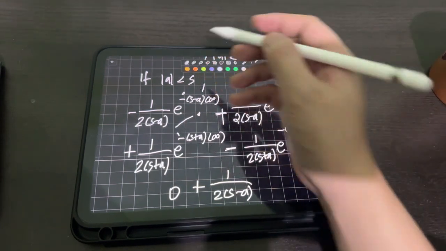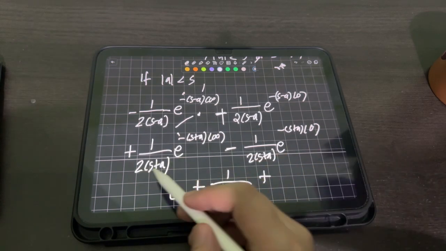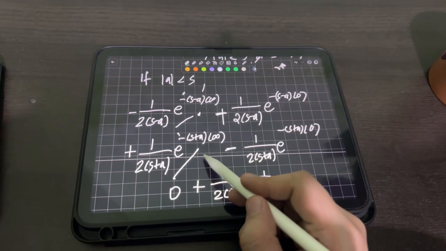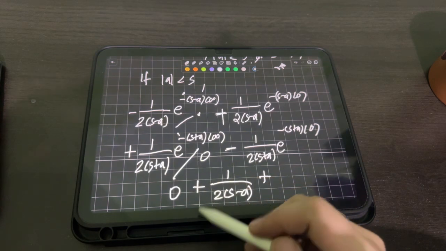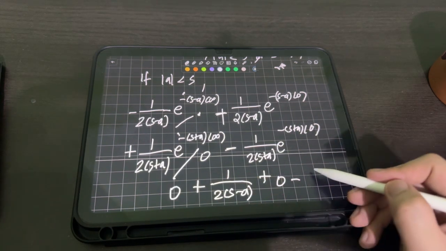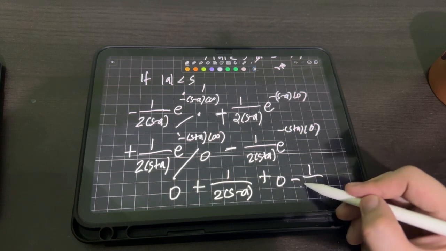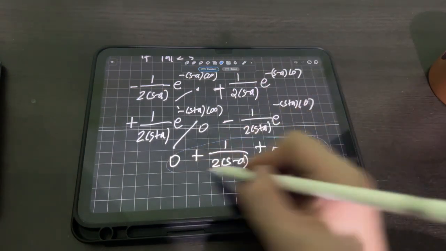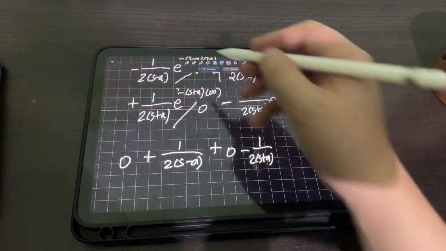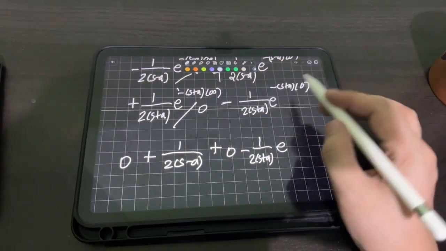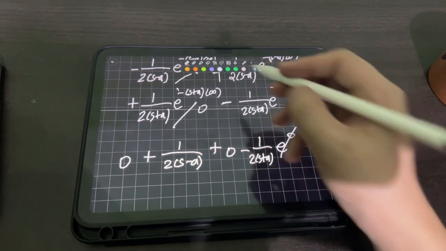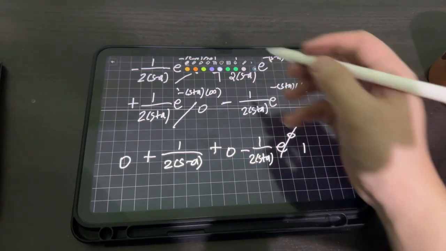Okay, plus, okay, this one, since we already have restriction for s, it will now converge to 0. For this one, it's negative 1 over 2 times s plus a, then e raised to negative quantity s plus a times 0. E to the 0 again is just equal to 1.